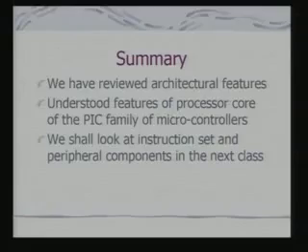What I have looked at so far is the core processor, the CPU, its registers, how the program memory is organized, how the data memory is organized, and how instruction pipelining is implemented in PIC. We shall look at the instruction set and the peripheral components in the next class and subsequent lectures. If you have any questions, we can take them now.